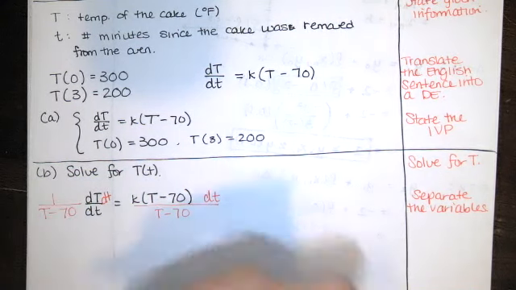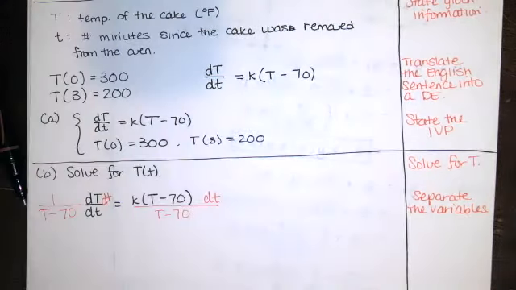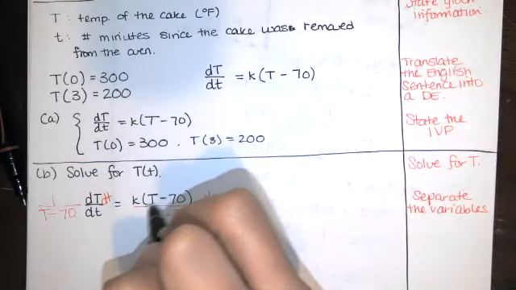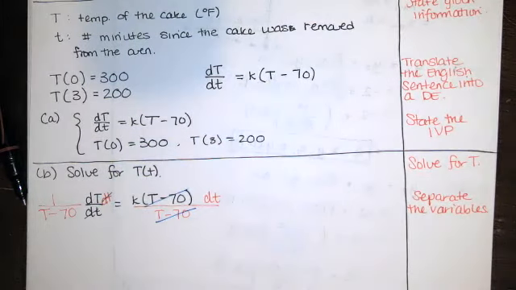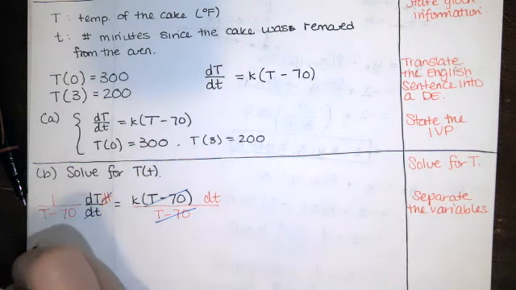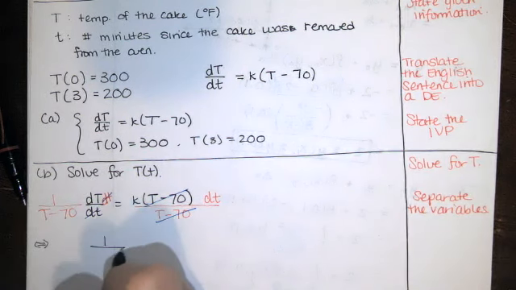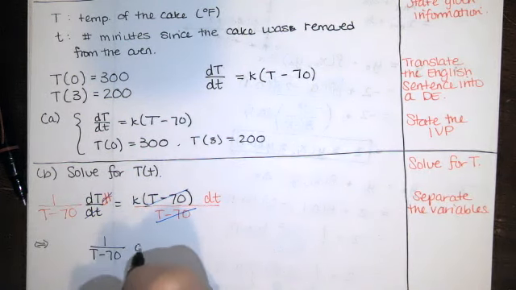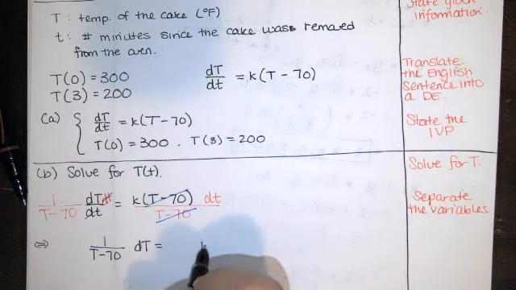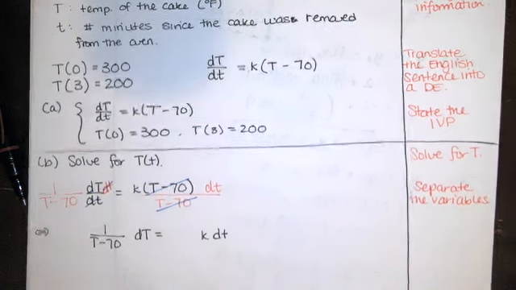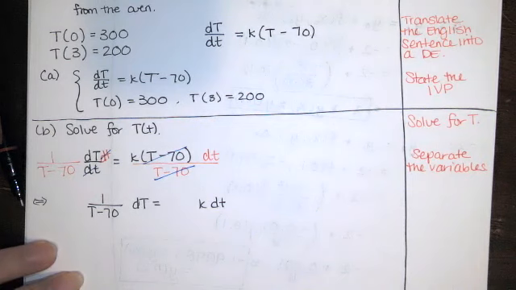That's the same thing. So these guys undo each other. And we have this 1 over T minus 70 times dT equals k times dt. Of course, those are different d's.